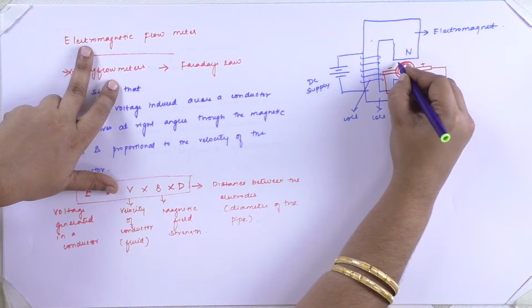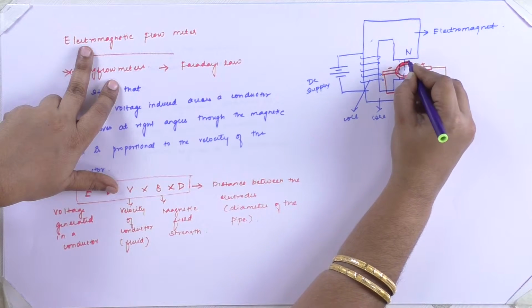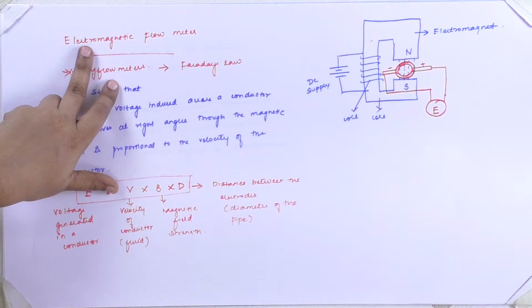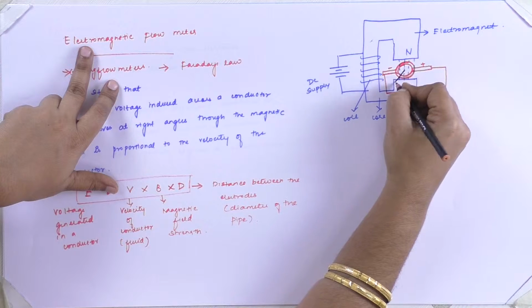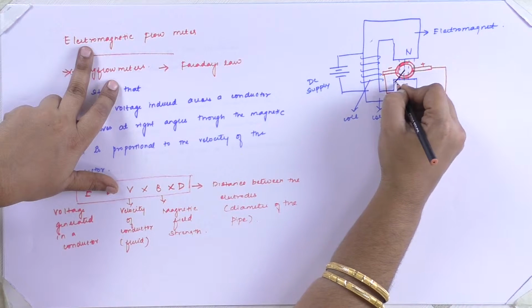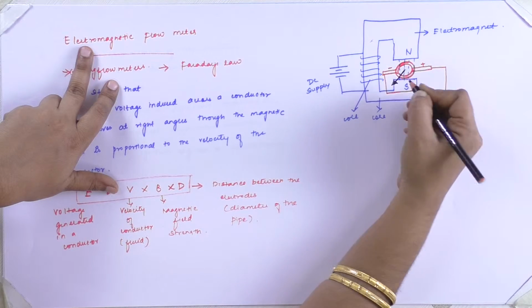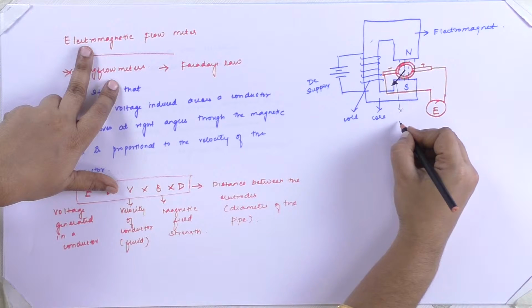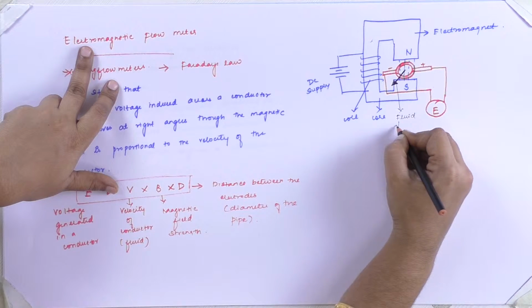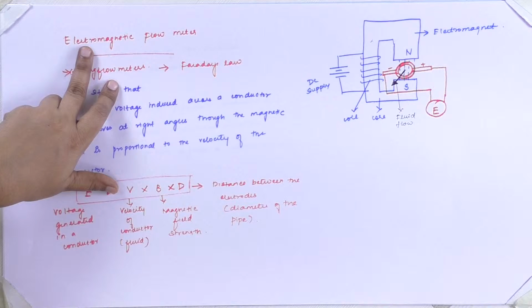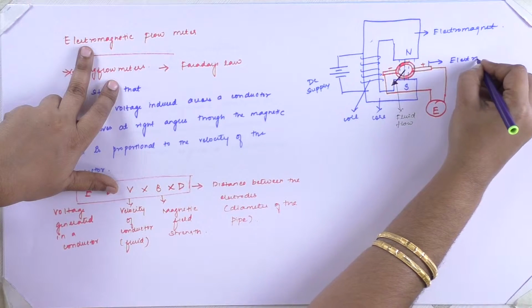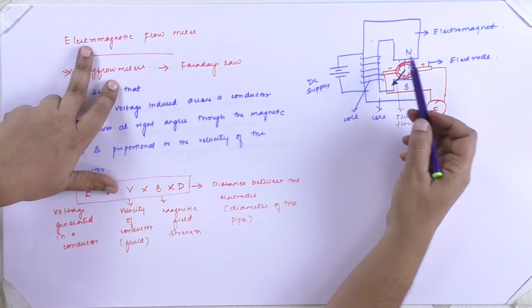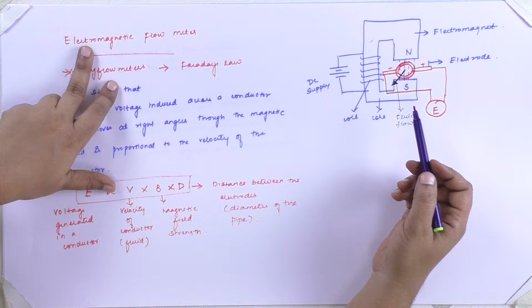This pipe is placed in the magnetic field of the electromagnet, and the direction of flow is perpendicular to the magnetic field produced by this coil. This represents the fluid flow, and these are the electrodes which are used to measure the output.